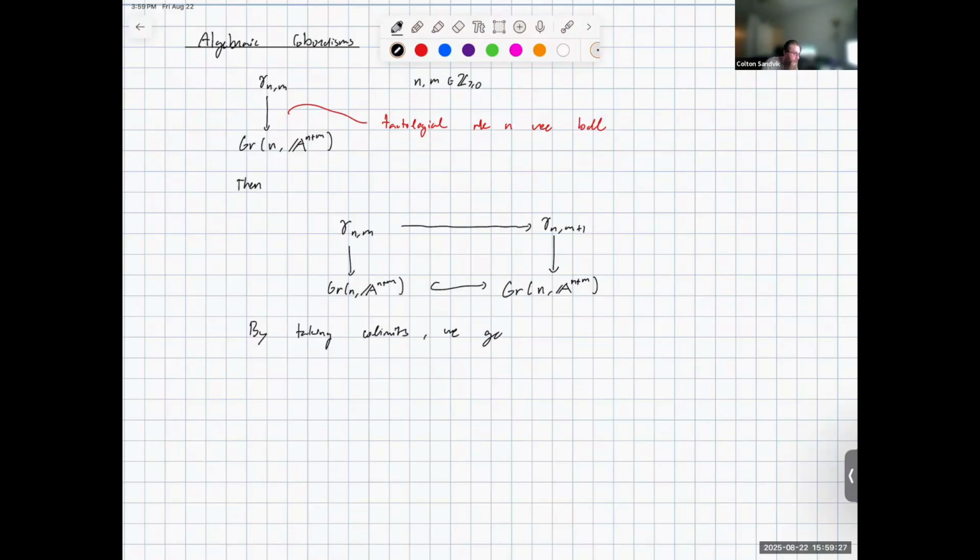we get a universal rank n vector bundle.